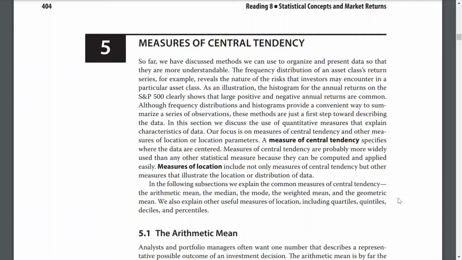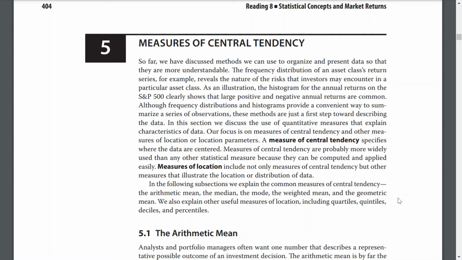Our focus is on measures of central tendency and other measures of location, or location parameters. A measure of central tendency specifies where the data is centered. Measures of central tendency are probably more widely used than other statistical measures because they can be computed and applied easily.